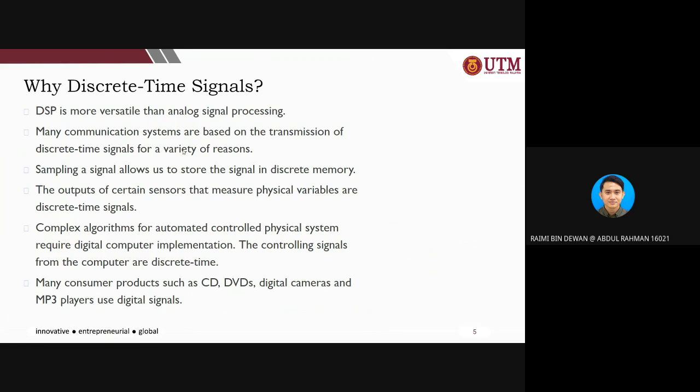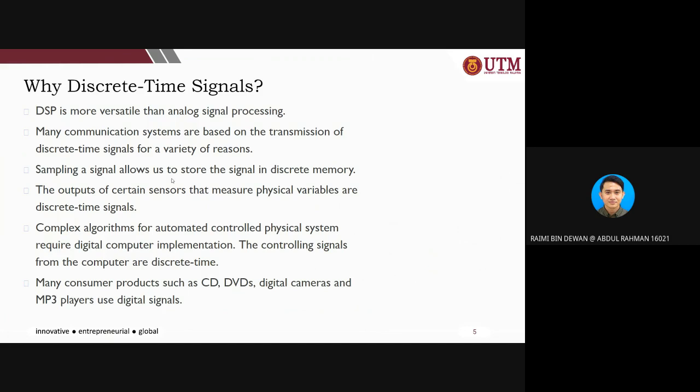Sampling a signal allows us to store the signal in discrete memories. I think you also learned a bit in digital electronics, where we can store digital signals.